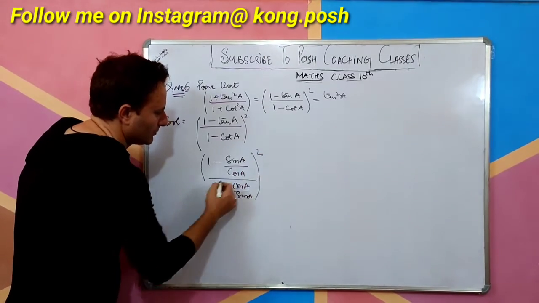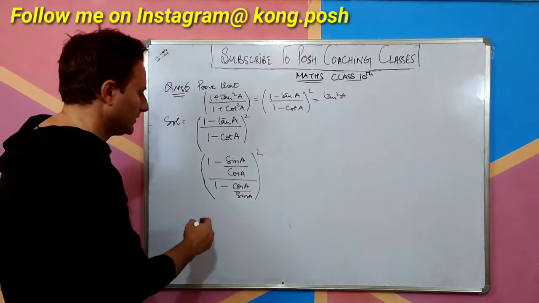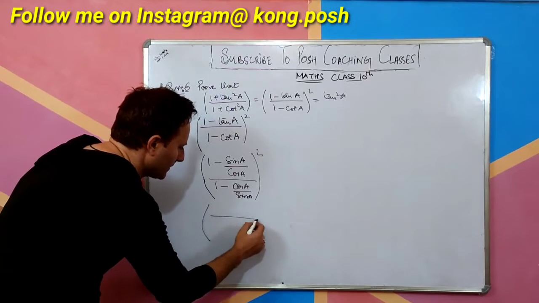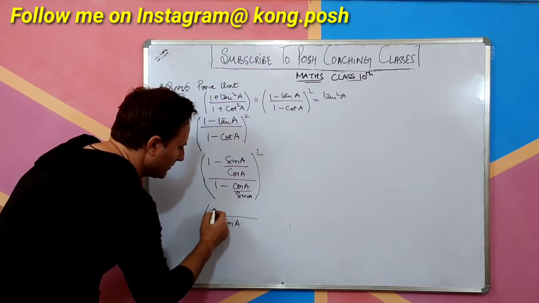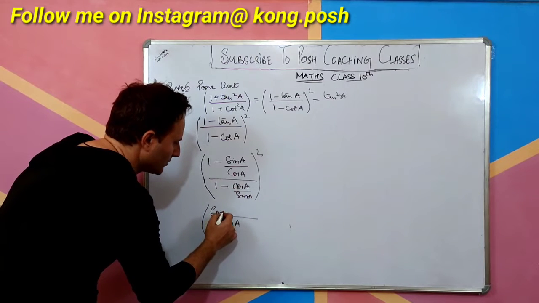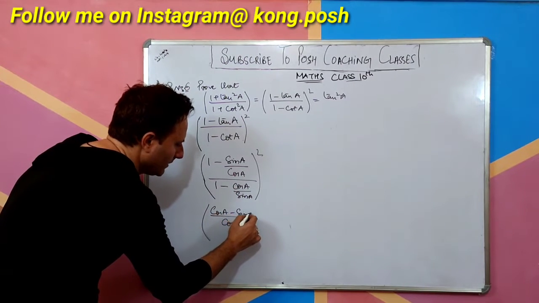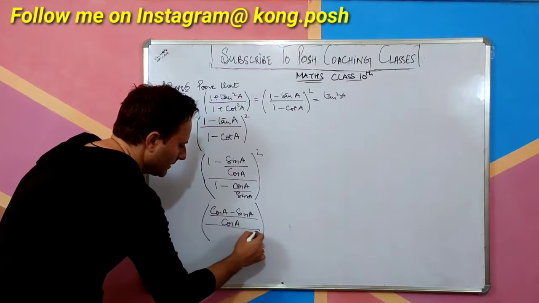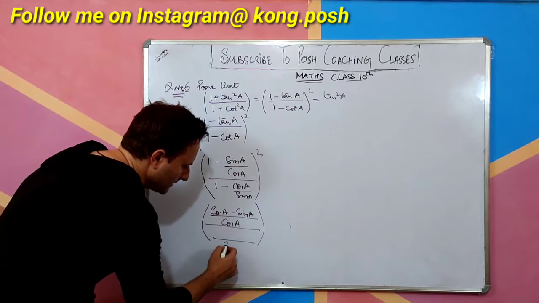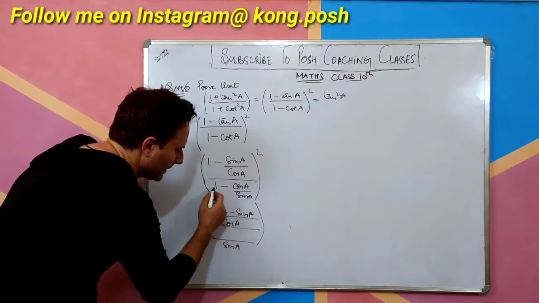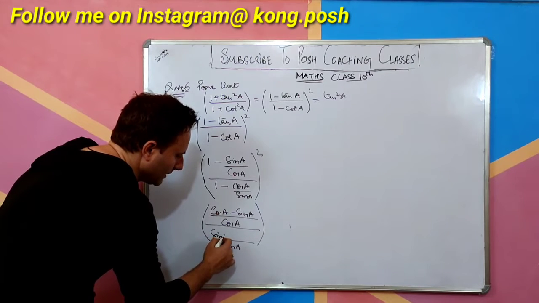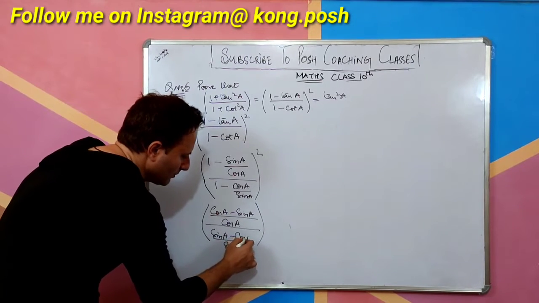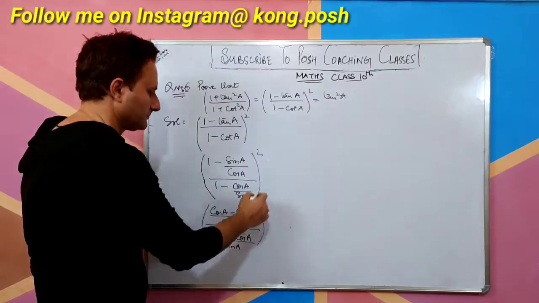whole square. Now taking the LCM, this is cos A into 1 is cos A minus sin A. Then I have sin A as LCM, sin A multiplied by 1 is sin A minus cos A, right?